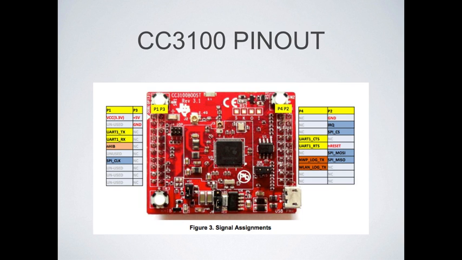You would use the IRQ to say, hey, master, I want to talk to you. And that's how the master would know that there's a slave ready to transmit some data over to the master. So we have SPI chip select, SPI MOSI, SPI MISO, and SPI clock. That's all we need for now. At the very least, that's all we need to be able to see any type of data.